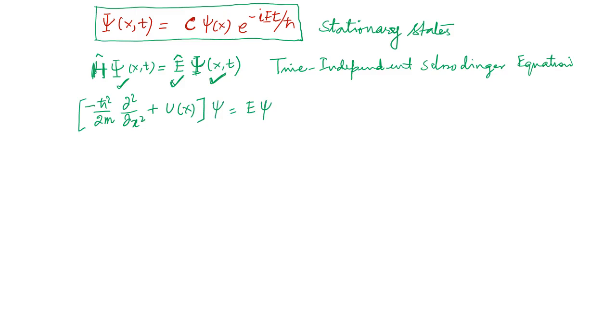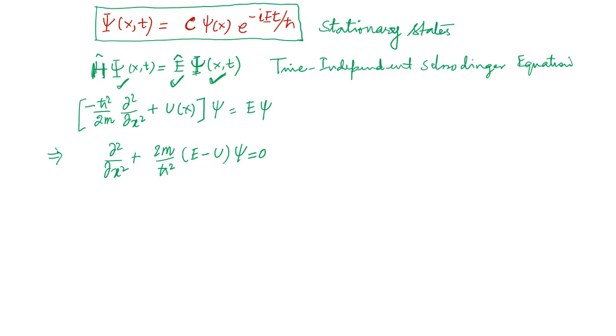So I can write it as del square psi by del x square plus twice m by H cross square times E minus U psi equal to 0.